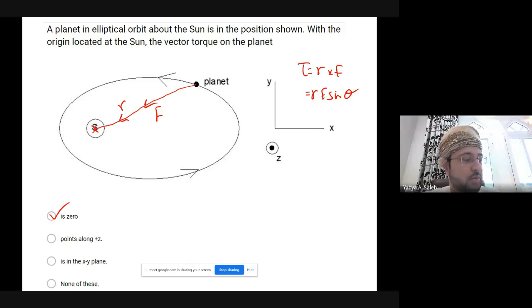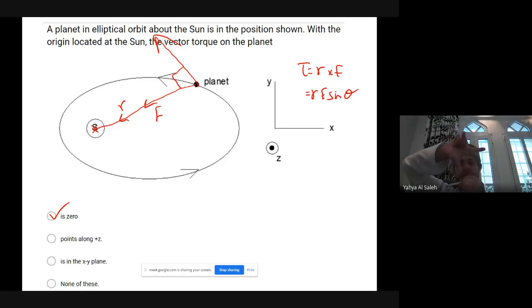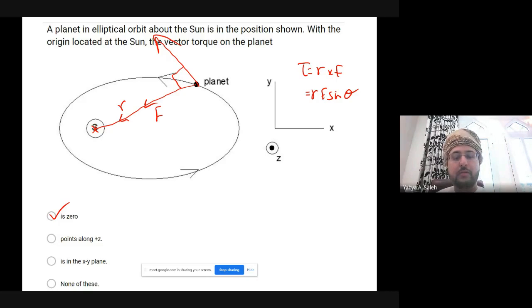Sorry, I did not notice that you were answering, Mariam. If this is the force at 90 degrees, we will have R, F, so it will be perpendicular that way. Or if this rotation is counterclockwise, then the torque would be up. But then we would all be dead, because we wouldn't be in a stable orbit around the sun.